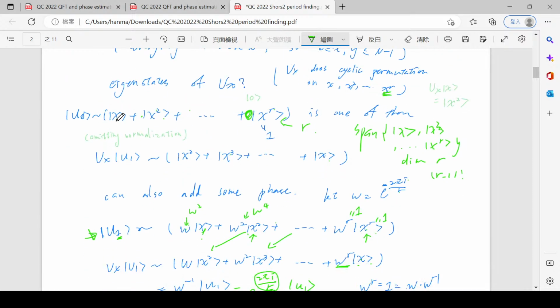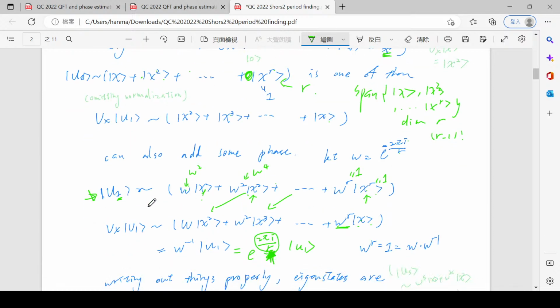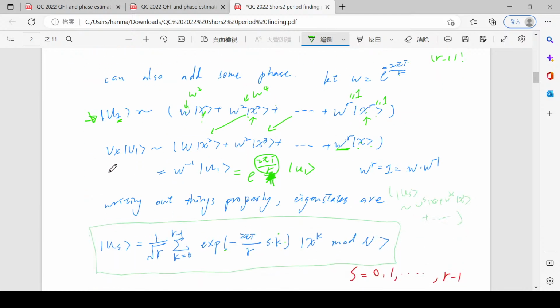Let's say when k equals 1, then on u0 this x component has amplitude of 1, and on u1 the component has amplitude of omega, and on u2 you will have amplitude of omega squared.